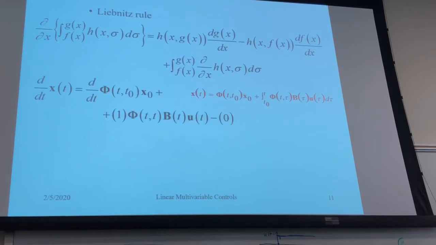Apply this one to here to see d/dt here, partial t. So partial t, we are going to get the first one, g is t, right? g is t, f is a constant. So the partial f/dx dt term should be 0, so this is 0. And this one, partial t of t is 1, okay?